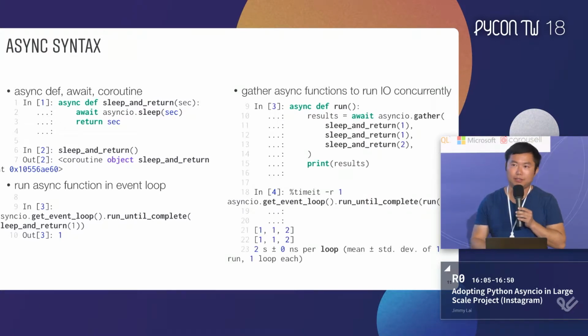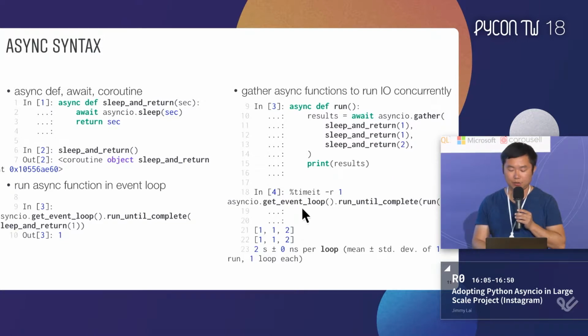In order to get the latency win, you need to use asyncio.gather. Gather can be given some async functions. Those async functions will be running concurrently for their I/O. So in this example, we run sleep_and_return for 1 second, 1 second, and 2 seconds. If they are running concurrently, then it should take 2 seconds instead of 4 seconds when we run them sequentially.